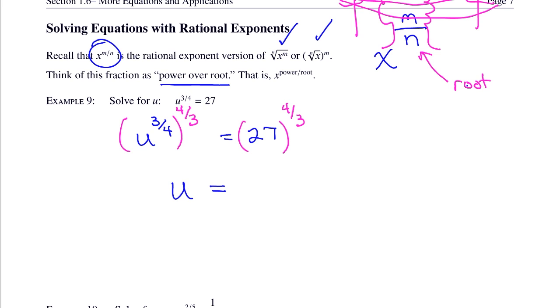The 3 in the bottom is the root, so that's the cube root of 27. And then the power, the 4 on the outside, is the power outside of that parentheses. And then the cube root of 27 is 3. And then 3 to the 4th is 81. So the solution here is 81.